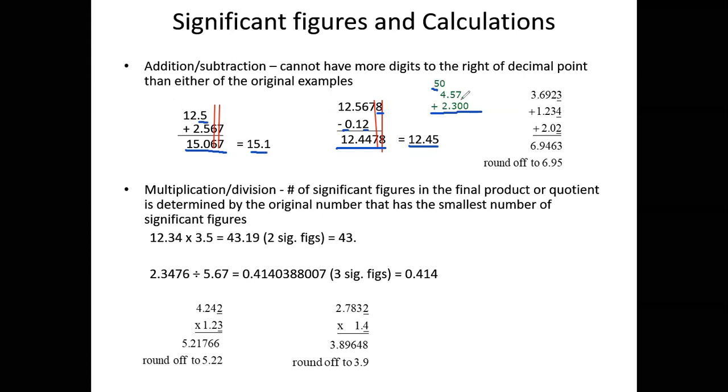Now with 4.57, we have it to the hundredth place is significant. The 2.300, this is to the thousandths place. So since the 50 has the least number of significant decimal places, when we do this operation, we're going to round to the tens place.